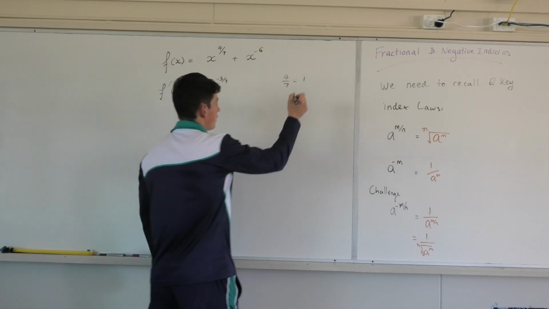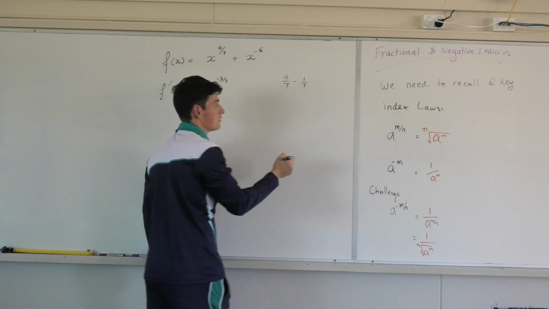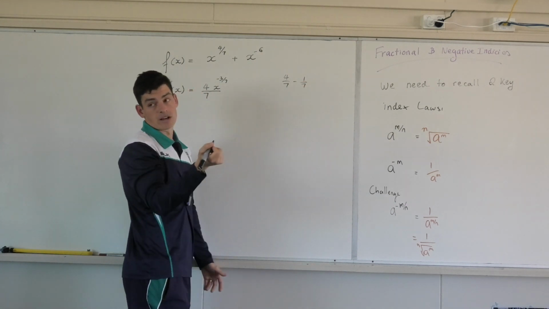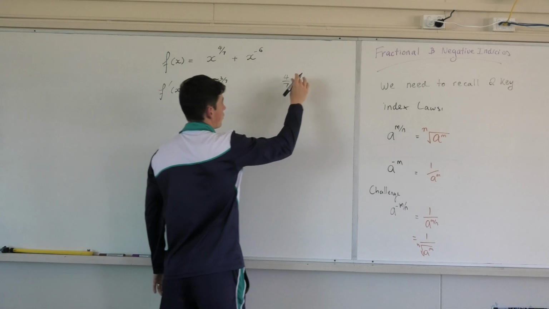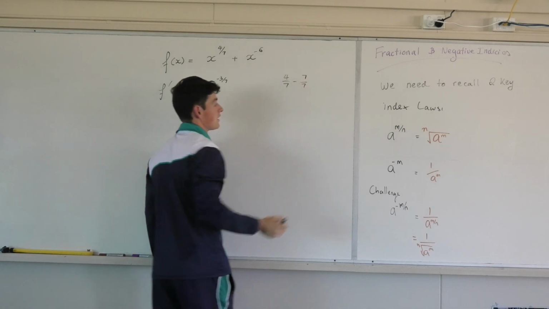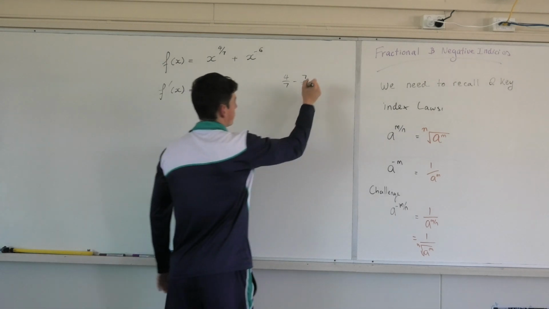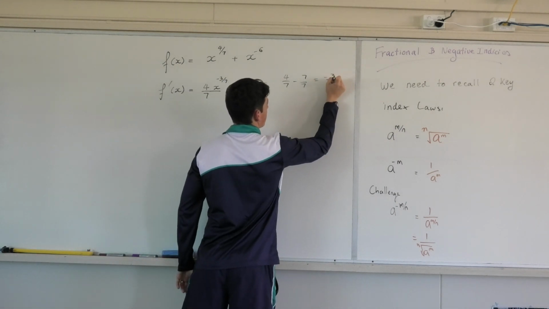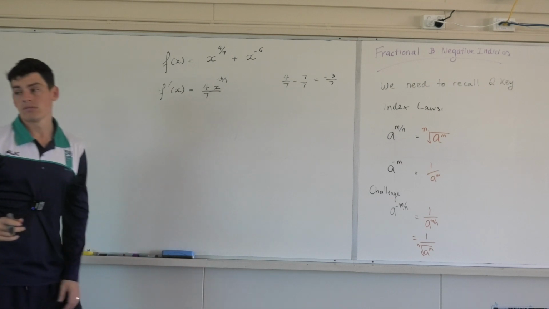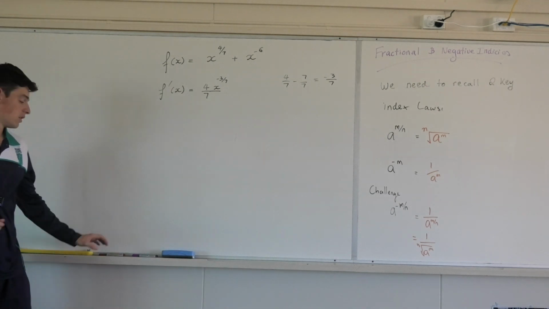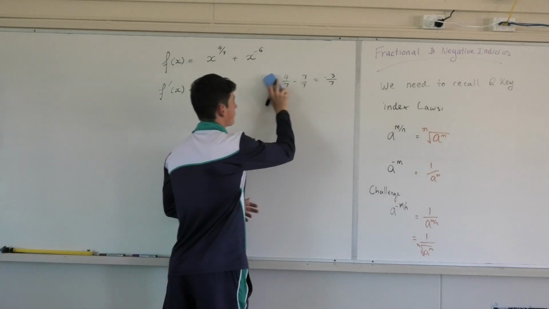This one's got to be over 7, correct? What have I not done? I haven't multiplied the top by 7, so that becomes 7 over 7. What's 4 minus 7? Negative 3. And we keep our denominator the same. Are we happy with that? So that's the case for that one.